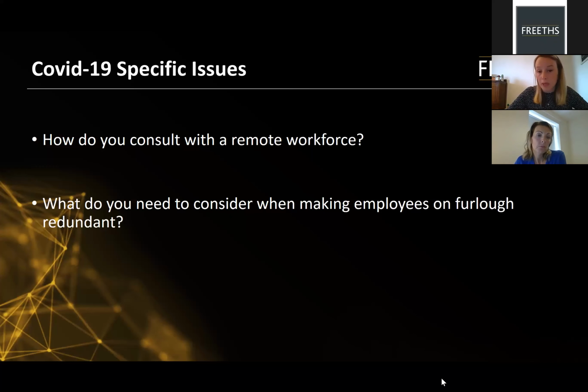Redundancy pay can't be claimed, so that is something that the business would have to foot the bill for themselves. And one question we've had from a couple of businesses is about whether employees have a good argument to say that they should remain on furlough to see if things change, until the furlough scheme is cut at the end of October.